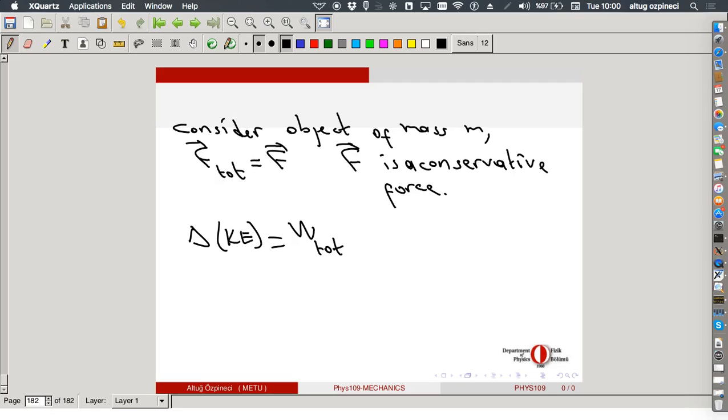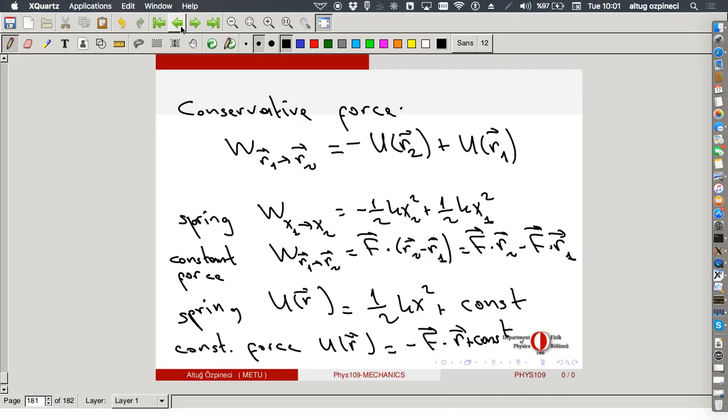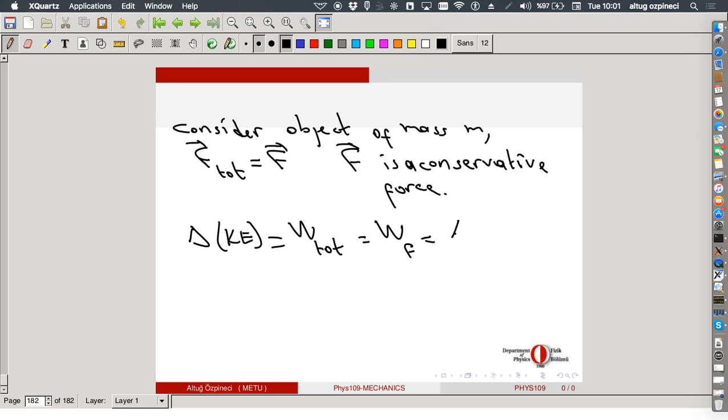In this case, there is only one force acting on it, which is a conservative force. So this total work is nothing but the work done by our force F. But being a conservative force, we already said that the definition of a conservative force is that there exists such a function u such that the work done by a conservative force is nothing but minus the change in u.